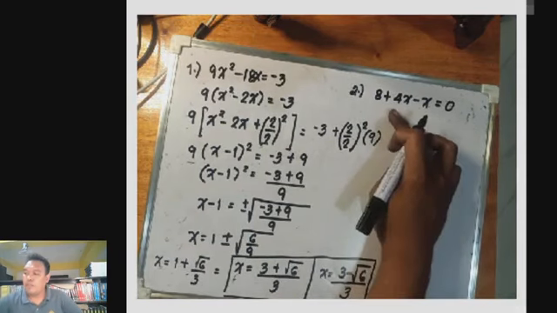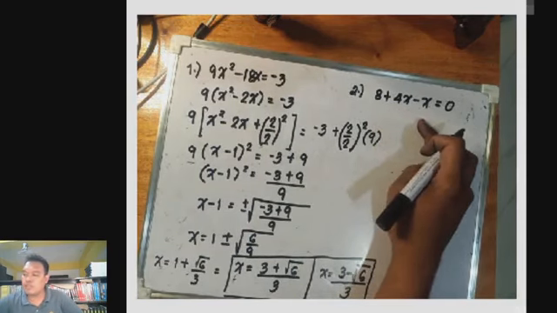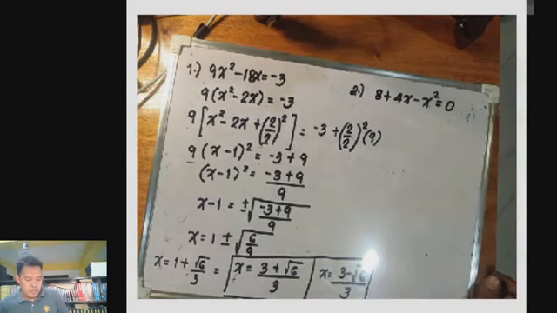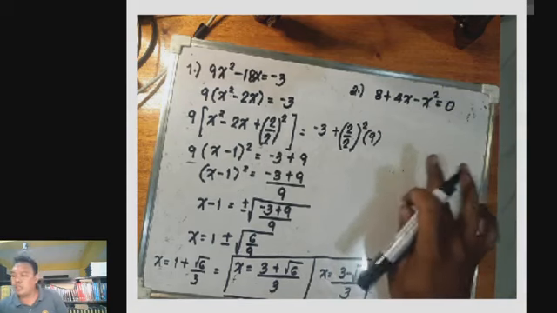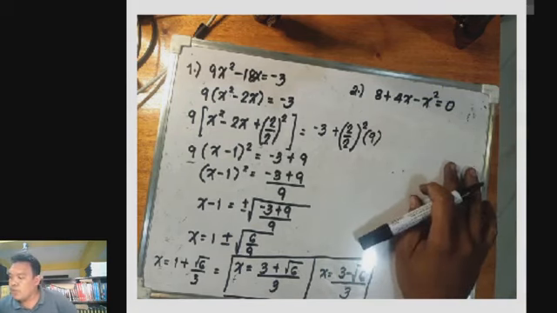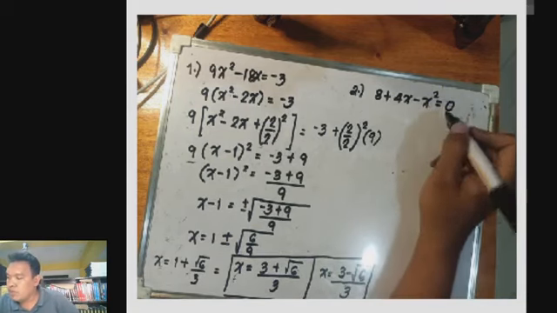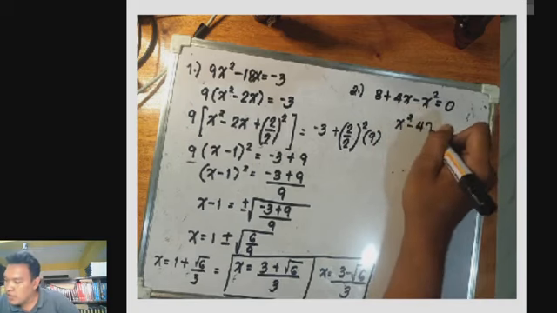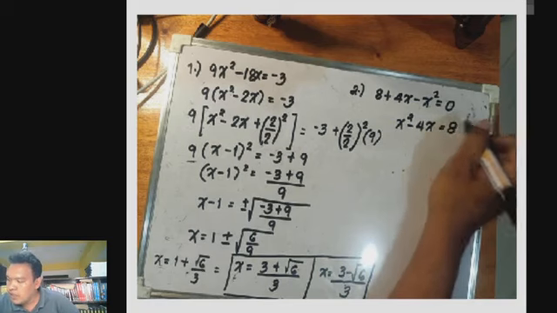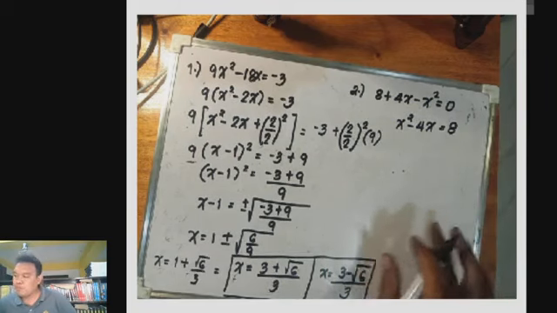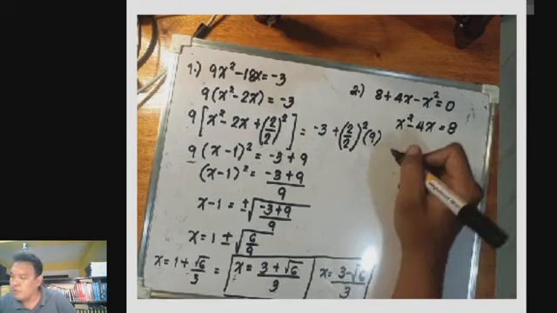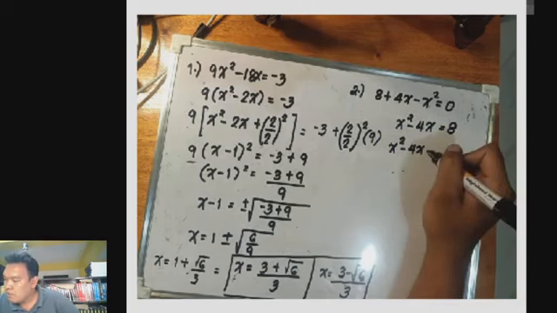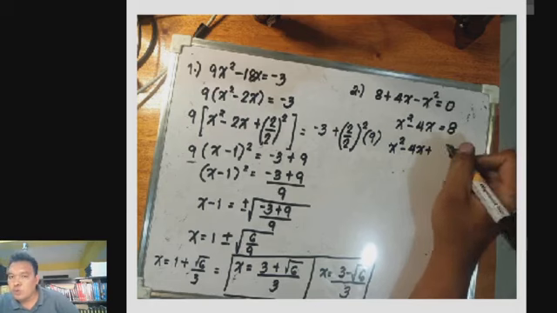So another, we have 8 plus 4x minus x^2 equals 0. Okay, so first, let's arrange it so it is in order. So I will move this to the other side, and this to the other side. So we have x^2 minus 4x equals 8. Then completing the square, we have x^2 minus 4x plus (b over 2)^2.